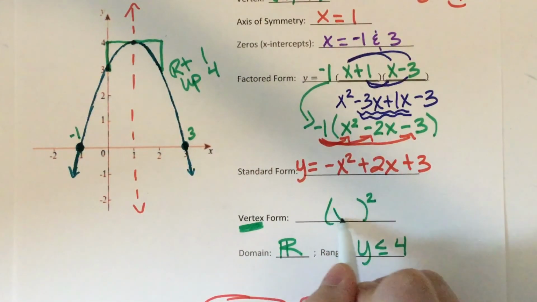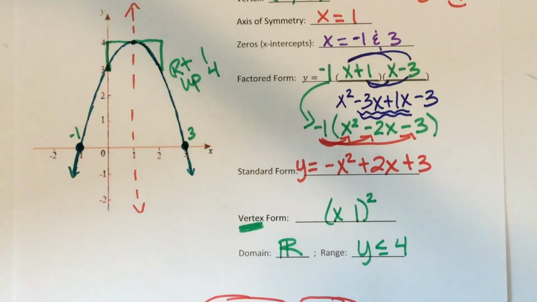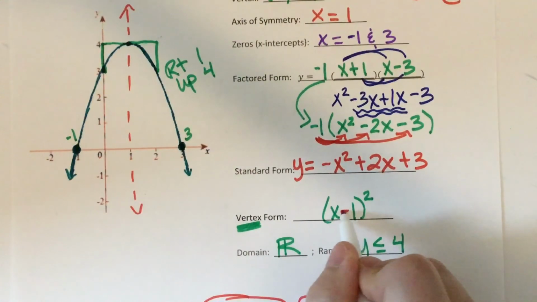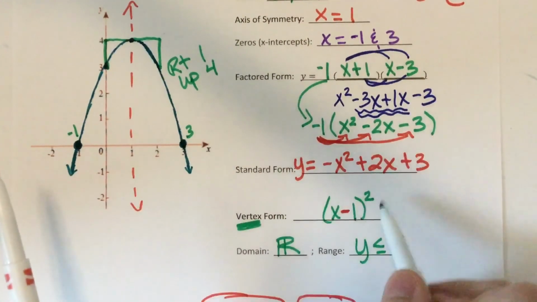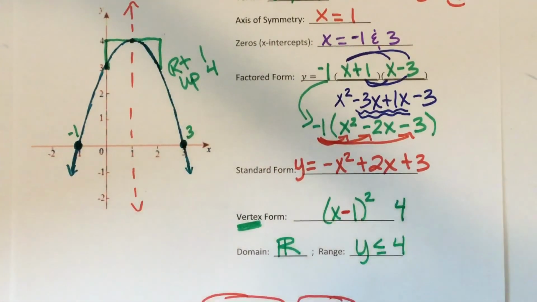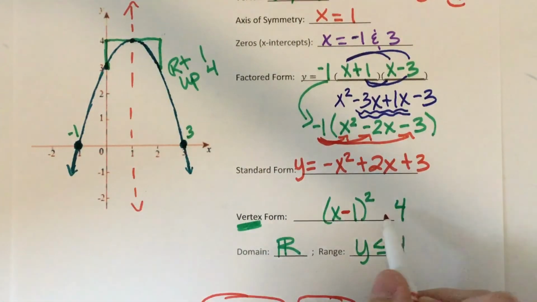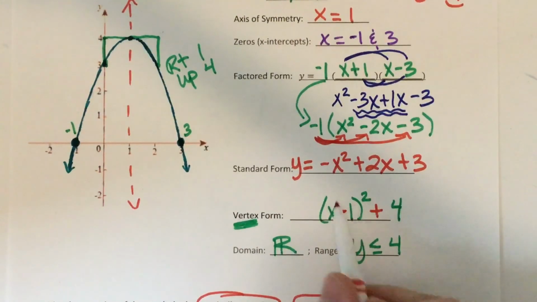And to make it go right 1, what kind of sign do you think it's going to be? Minus. Inside is always opposite. To make something go up or down, you need that number in the back. So do you think to make it go up, you want a plus or a minus? A plus. The back does what you would think. Plus is up, minus is down. But inside is opposite. Minus is right, plus is left.